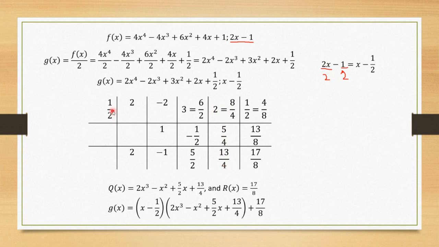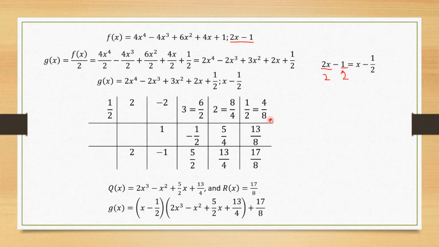Almost there. Half times 13 over 4, that's 13 over 8. Remember, when you multiply fractions, you're multiplying numerators together and multiplying denominators together. I probably should have said that earlier, but that's okay. A half, we want to add it to 13 over 8.